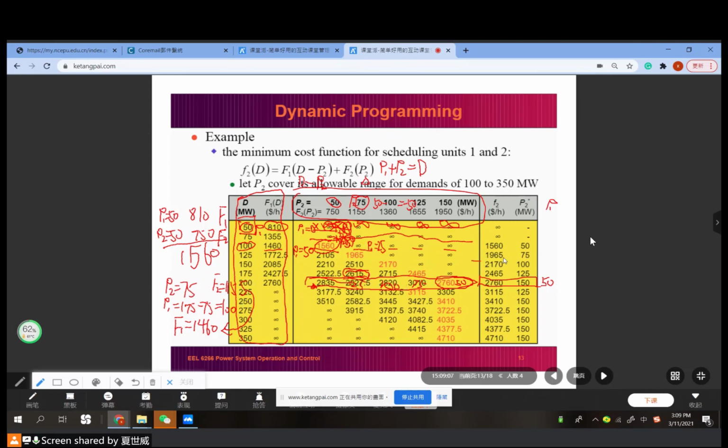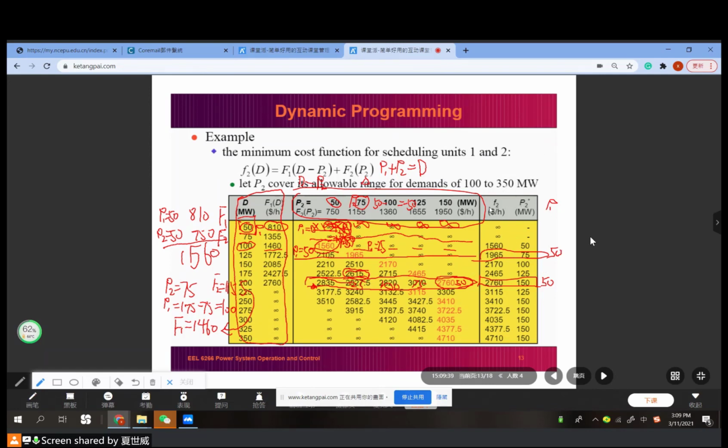Similarly, we choose this number. What's the meaning of this? It's very simple. You should find the minimum value in this row. The minimum value in this row means you have to support a total load of 125, and the best solution is P2 equals 75 and P1 is 125 minus 75. So P1 will be 50.